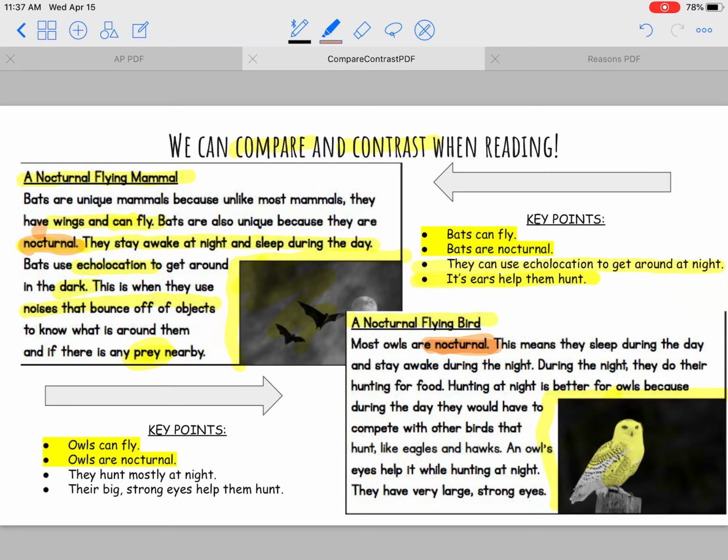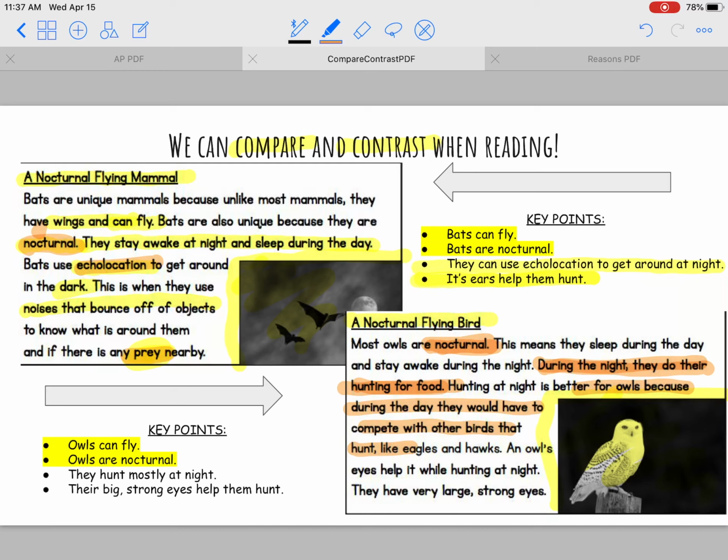During the night, they do their hunting for food. Here's another way that they are similar. Remember we talked about bats use echolocation at night to find prey? Well, owls do their hunting at night because it is better so they don't have to have competition with other birds, okay? So they both hunt at night.